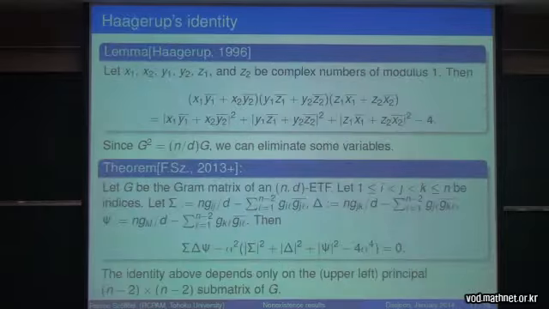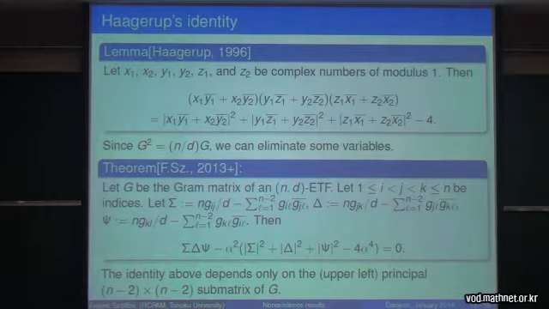Unfortunately, however nicely these look, these are not my ideas, but they were developed by Uffe Haagerup, who is an operator theorist. When he was fully classifying the 5x5 complex Hadamard matrices, he came up with an identity very similar to this. So we have 6 unit numbers, and from these 6 unit numbers we form this triple product here.